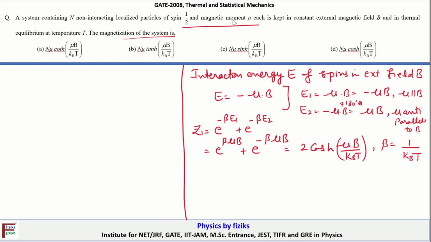Now because the spins are non-interacting and they are localized particles, we can treat them as distinguishable.